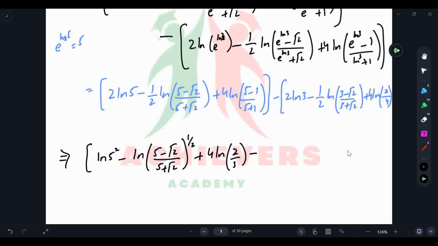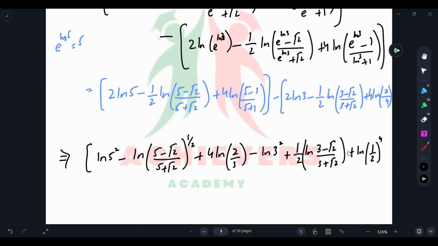Okay, we can remove the bracket. So minus natural log of 3 square plus 1 by 2 natural log of 3 minus square root of 2 by 3 plus square root of 2, plus 1 by 2, so natural log of 1 by 2 whole power 4.